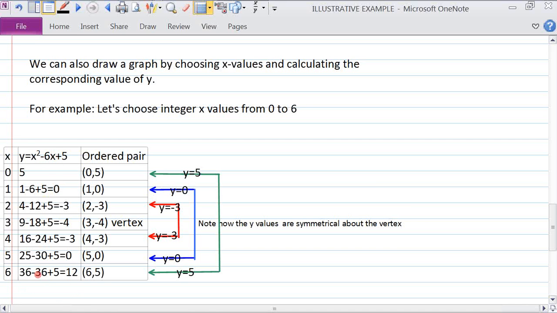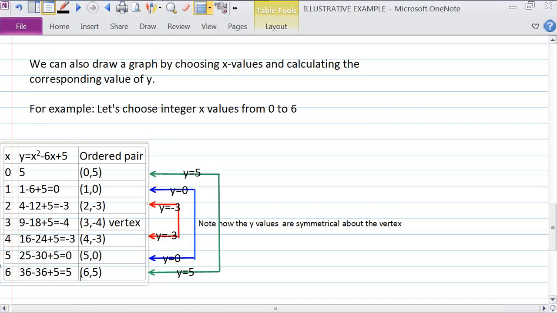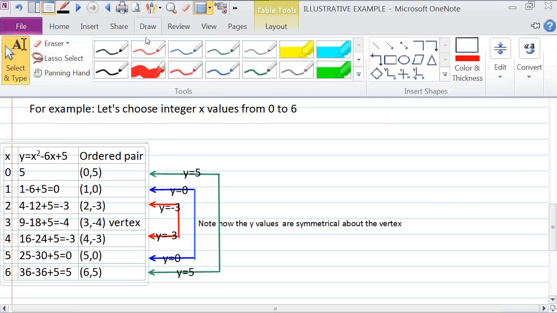So 36 minus 36 plus 5 is equal to, and there's an error here, this should be the number 5 right here. So I'm just going to go back and change that to the number 5 here.